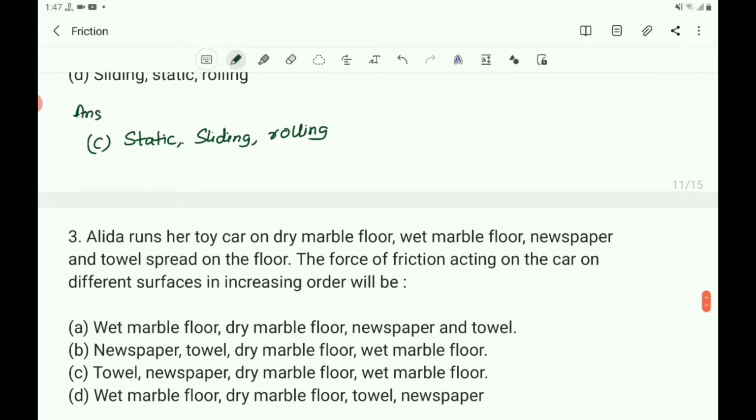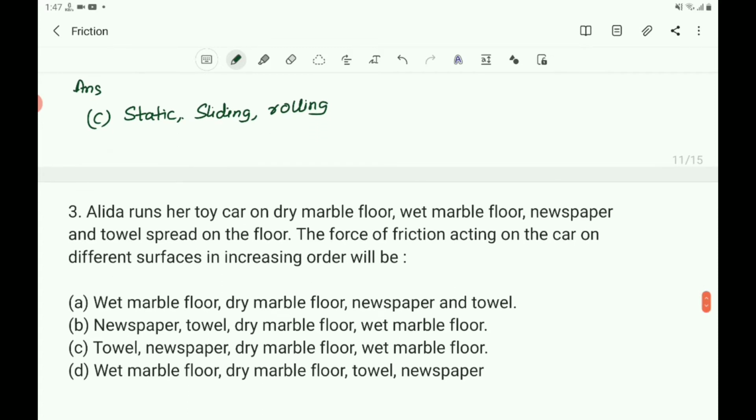Next, third question. Alida runs her toy car on dry marble floor, wet marble floor, newspaper and also on towel spread on the floor. The force of friction acting on the toy car on different surfaces in increasing order will be.